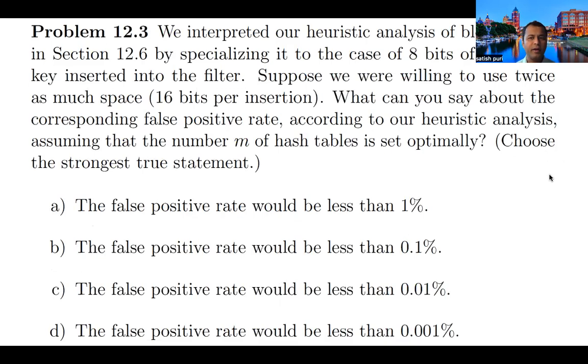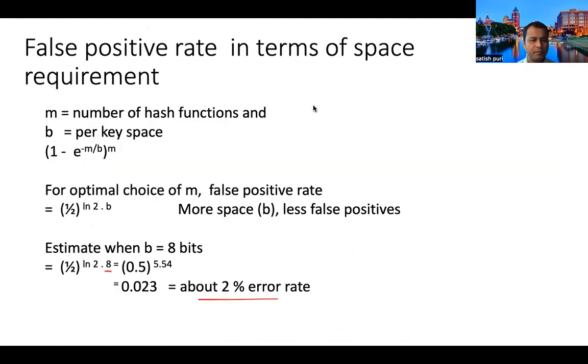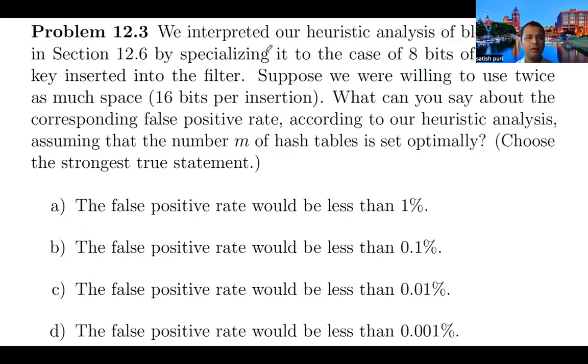Okay, so now we have a question. Let's look at this question. This is related to the formula that we just saw: false positive rate is 0.5 to the power natural log 2 times b. We solved it for b equals 8. What would be the solution for b equals 16?